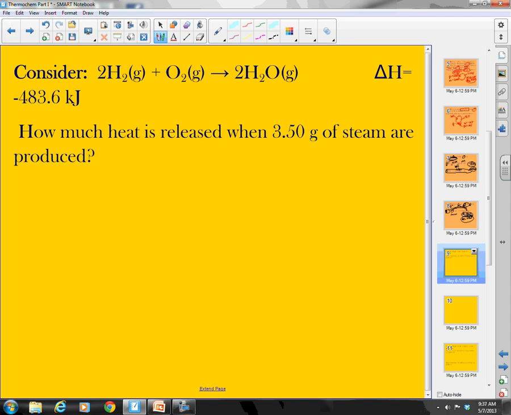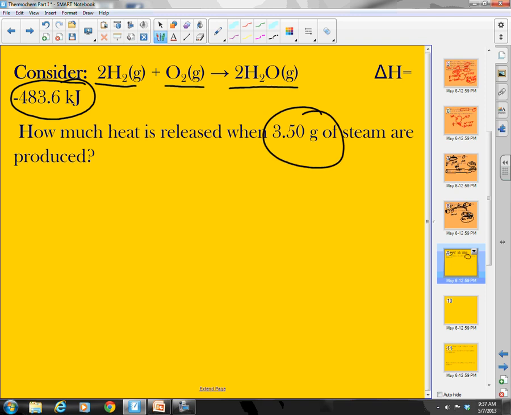I have 2 moles of hydrogen reacting with 1 mole of oxygen, forming 2 moles of water, gas. And the delta H for that, the heat of reaction we'd call that, is the negative 483.6 kilojoules. How much heat is released when 3.5 grams of steam are produced?